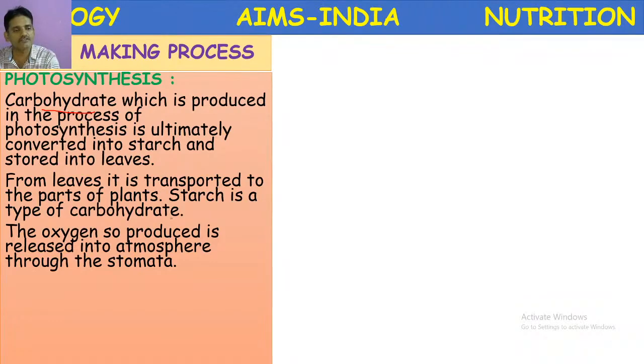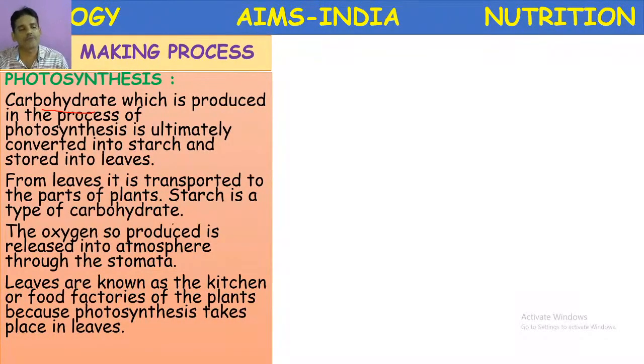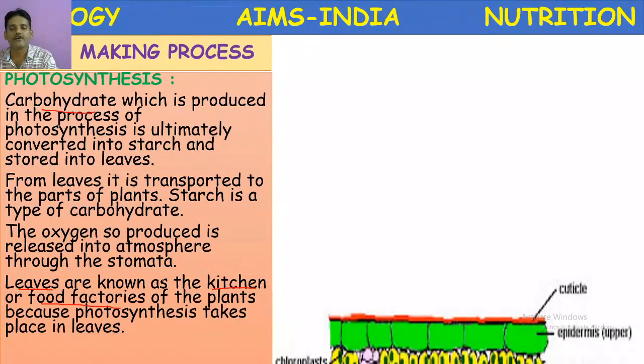The oxygen produced is released into the atmosphere through stomata. Stomata play a very important role in the exchange of gases and also in transpiration. So leaves are known as the kitchen or food factories of the plants because photosynthesis takes place in the leaves.